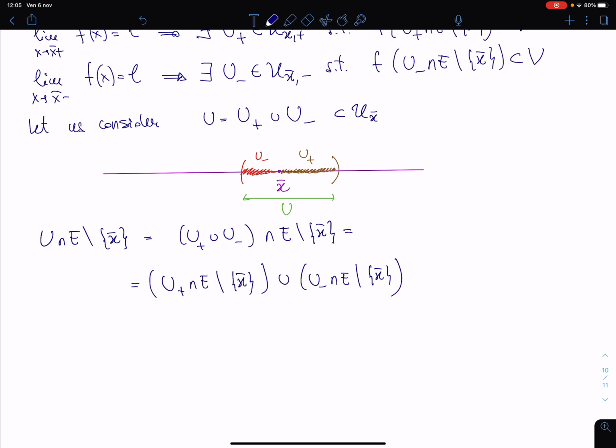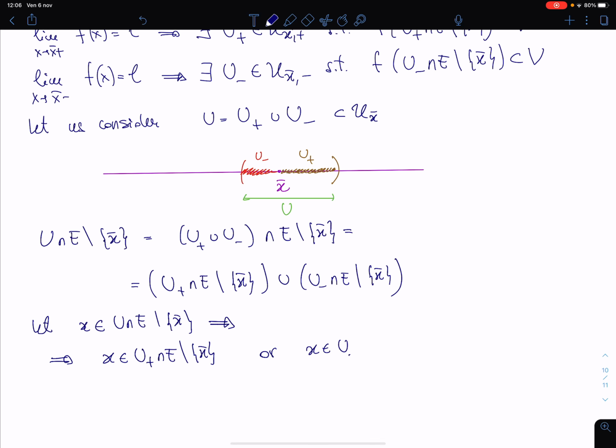And so the image, so consider an element x in U intersection E minus x bar, then by definition of union we have that either x is in U plus intersection E minus x bar, or x is in U minus intersection E minus x bar.